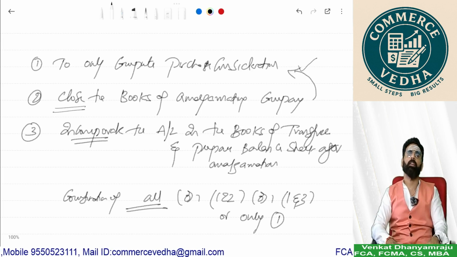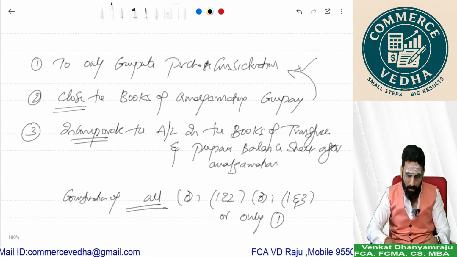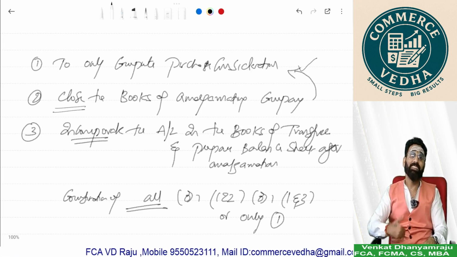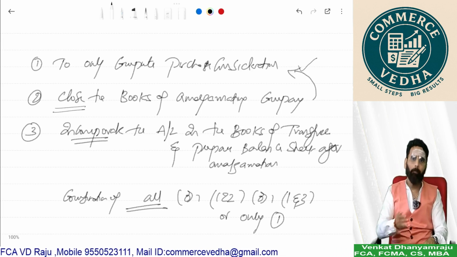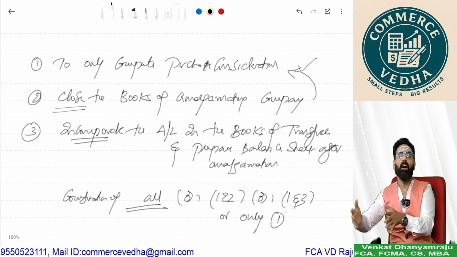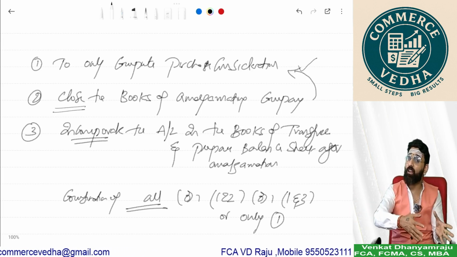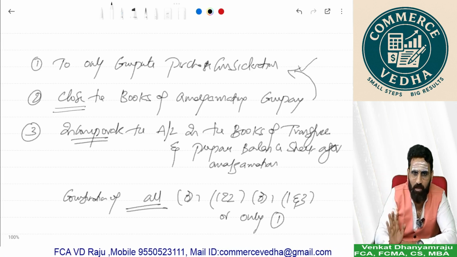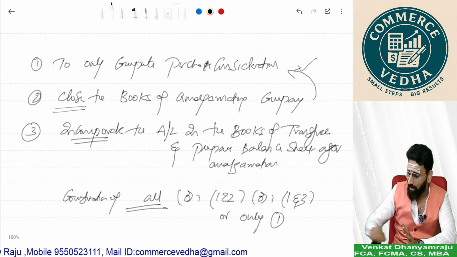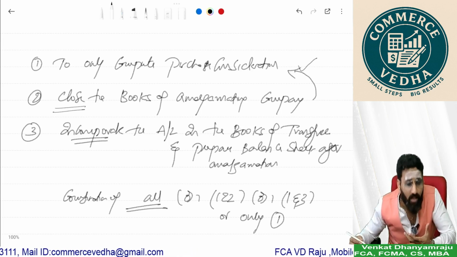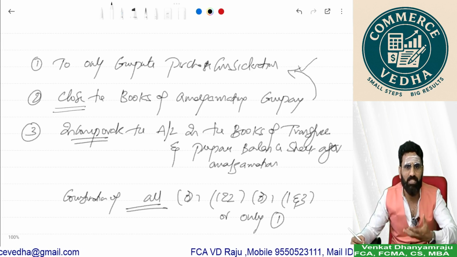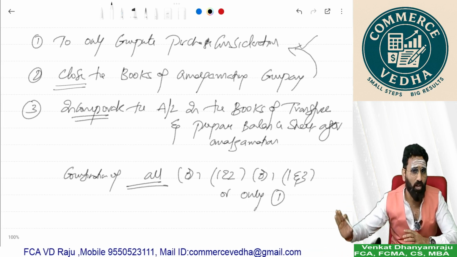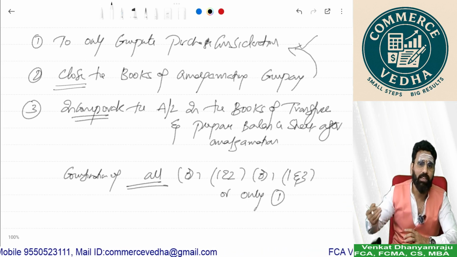So we do accounting as if it is amalgamation only, where we close the books of the transferor, seller, amalgamating company, and we incorporate the transferor's assets and liabilities taken over by the transferee in the books of the transferee as per the scheme of amalgamation. And we apply AS 14 in computing purchase consideration and incorporating the assets and liabilities taken over in the books of the amalgamated company.